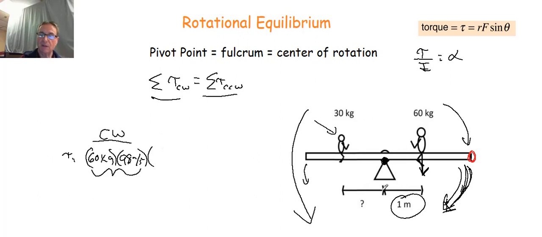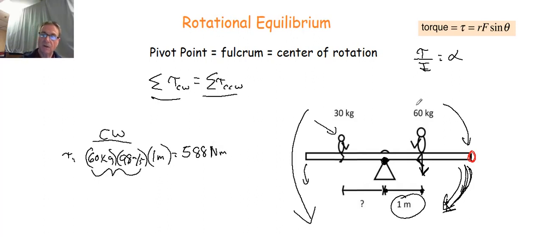Well, that's just going to be 1 meter, because the distance from here out to here is 1 meter. If we multiply those together, we get 60 kilograms times 9.8 meters per second squared times 1 meter, and that is 588 newton meters in the clockwise direction.